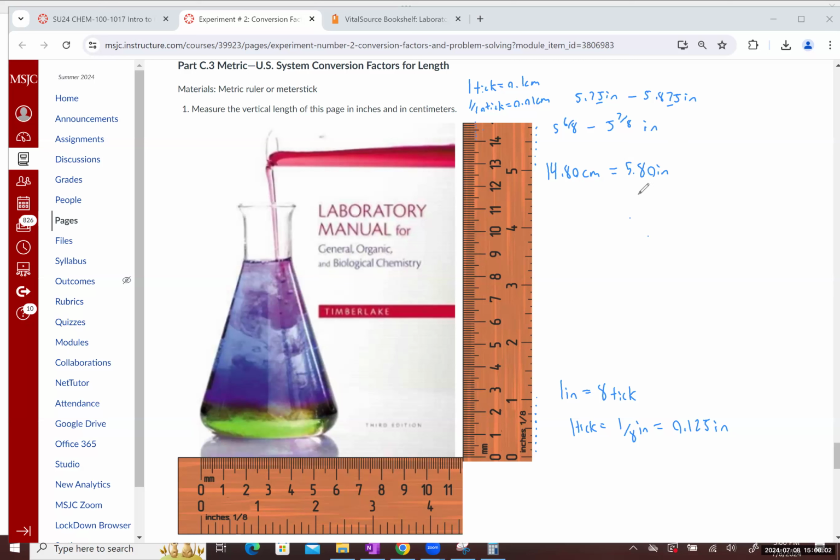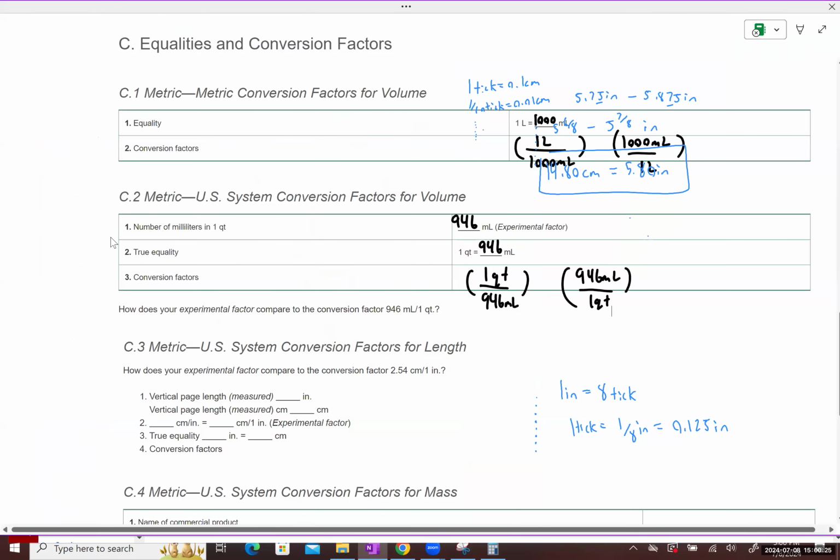You're going to see a fair amount of variation in your inch measurement. That's more than fine. So now that we have these two values, we can begin to calculate our experimental conversion factor. So let's transfer this to our lab manual.